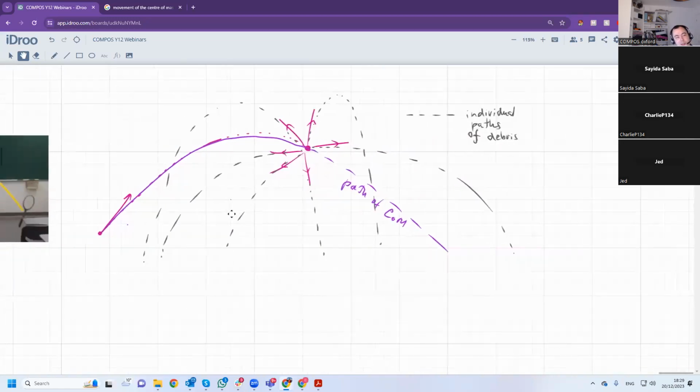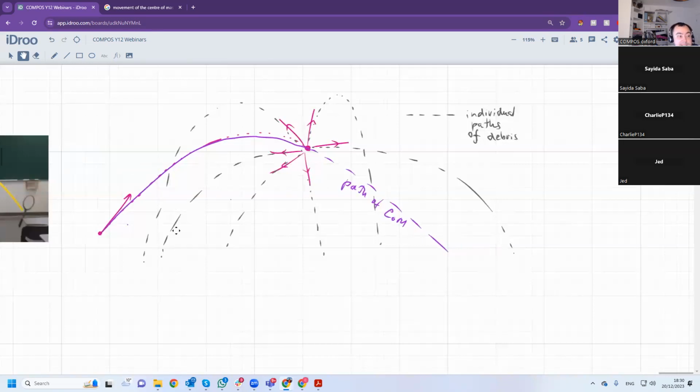You have no idea where each particle is. You have no idea how many particles there are, but you can definitely say where the center of mass is, because you can do the calculations with the original object. And this is quite cool.